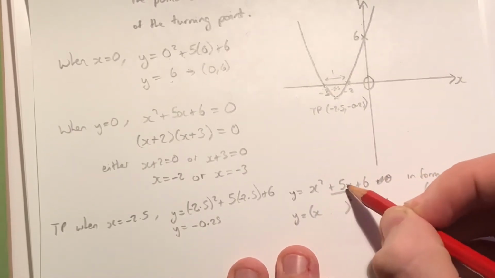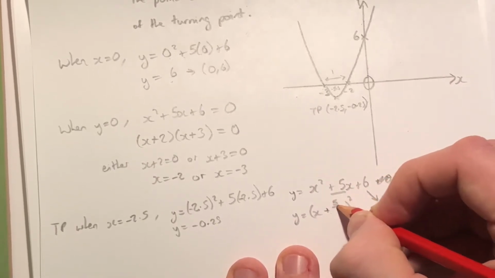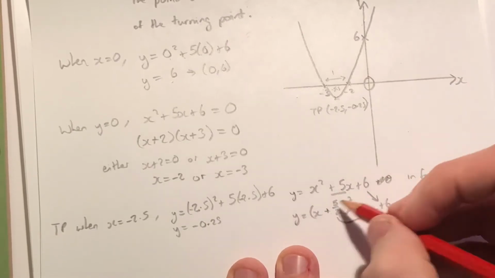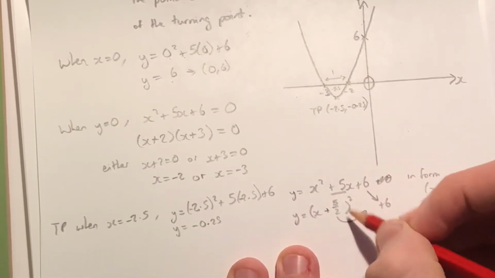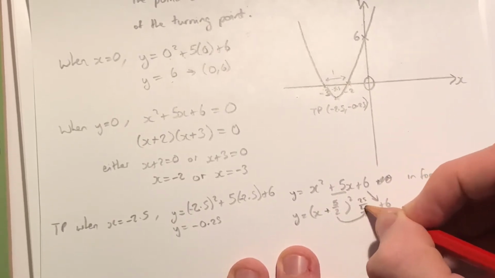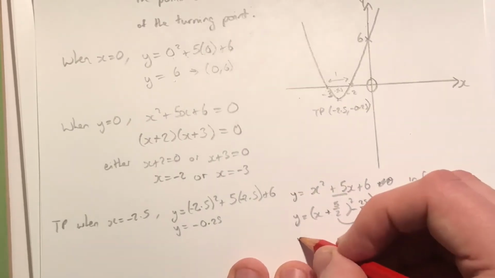So half of 5, I'm just going to write it as a fraction just to save time, 5 upon 2. We then square this number, and to square a fraction, it's top squared over bottom squared. 5 squared is 25, upon 2 squared, which is 4, and we minus that. Okay?